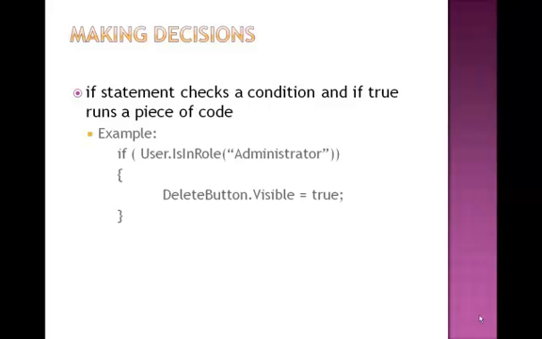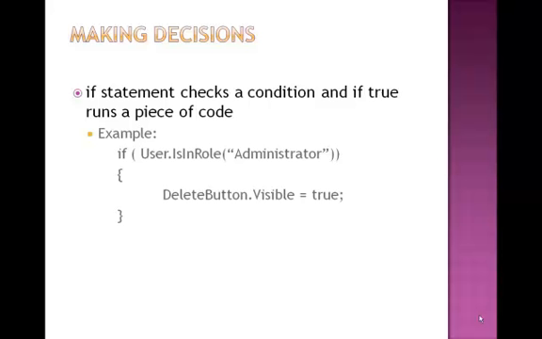The first and simplest of all decision-making statements is the if statement. The if statement contains two relevant parts: the condition that we are testing and the code that is going to be executed when the condition evaluates to true, or when the condition is met.